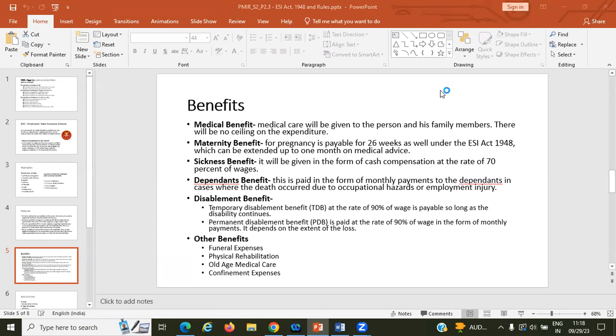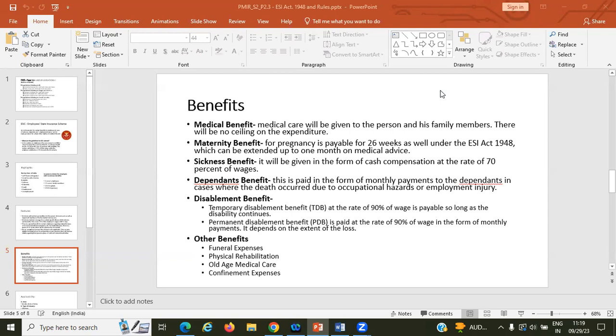Suppose you have some medication, your consultancy fees, and during the delivery you have to be admitted to the hospital. All these expenses you can claim through ESI. So that is another benefit we are getting, maternity leave.